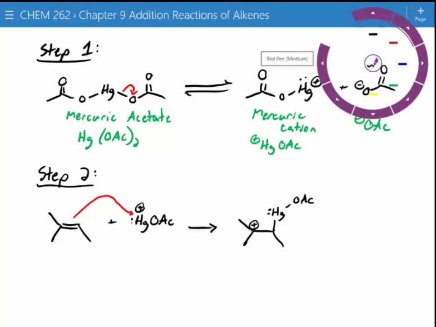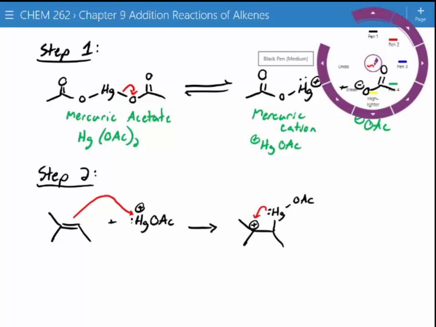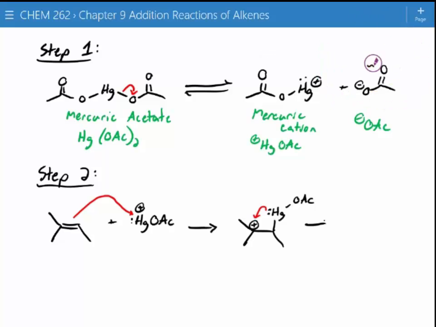These lone pairs are adjacent to an empty p orbital that has a positive charge. So these lone pairs can actually dump in, and we can get a resonance structure where now we've got mercury as a bridgehead, OAc, and now our mercury has that positive charge.